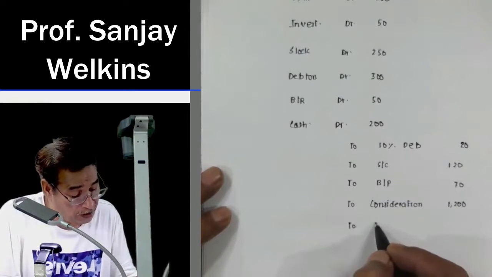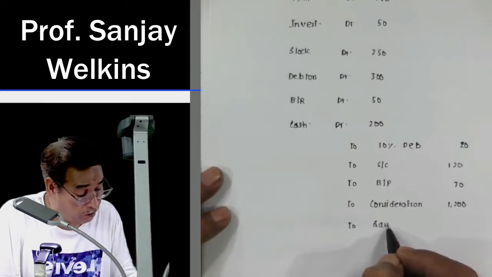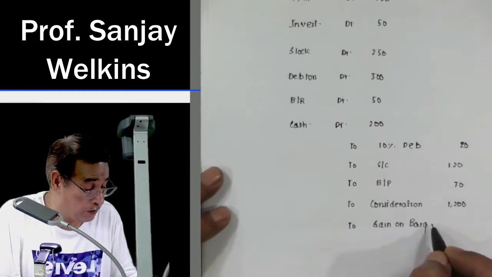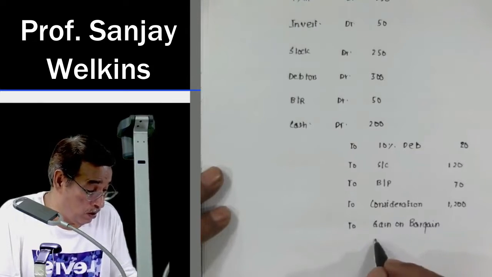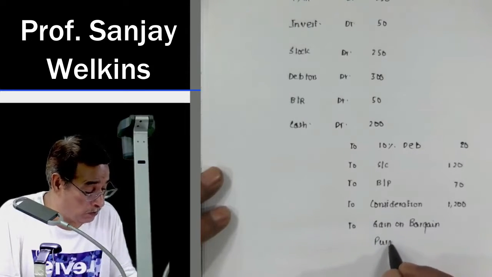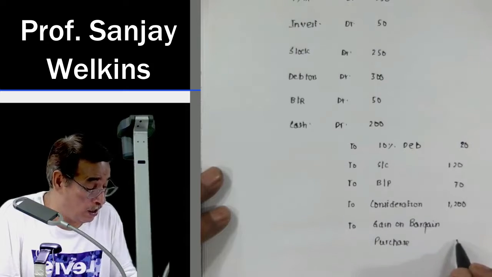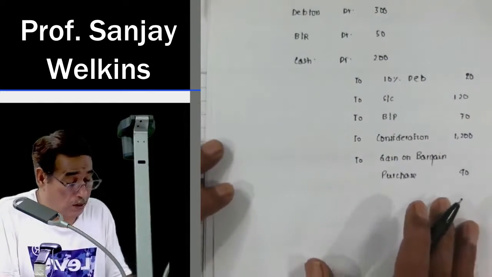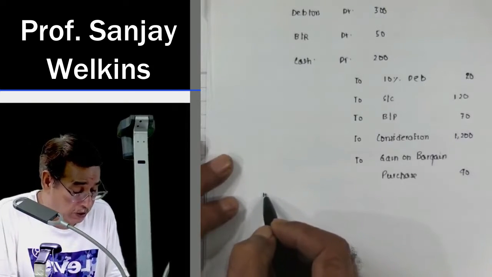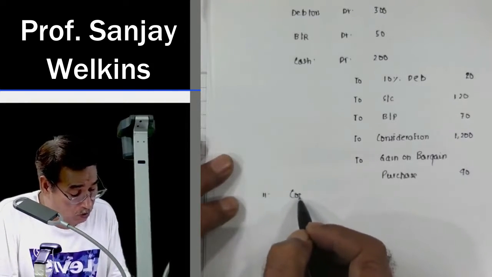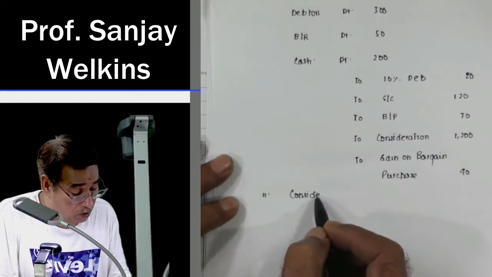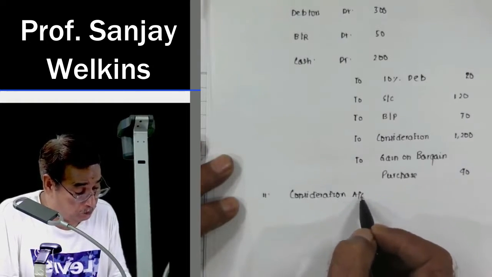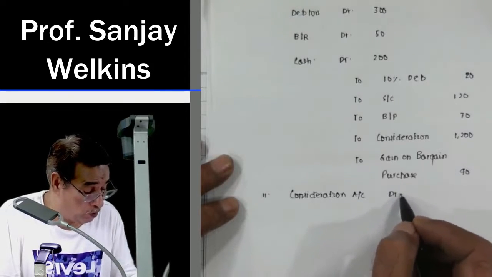Balancing figure this time is coming over here, gain on bargain purchase, that is equal to 90. Then you will discharge the consideration. Consideration account debit, 1,200.